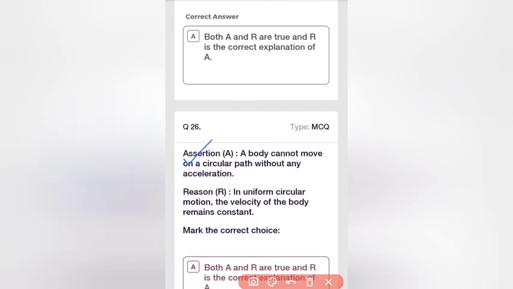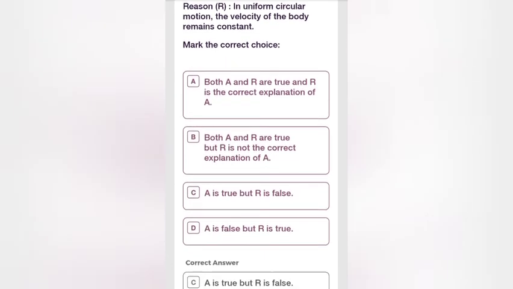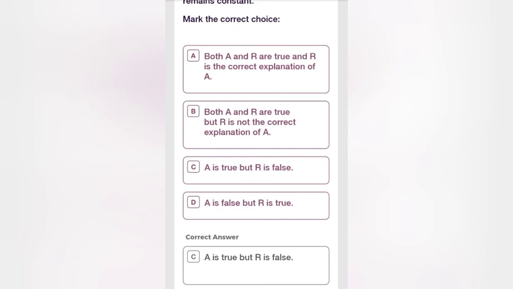In uniform circular motion, the velocity of the body remains constant. Yes, in a uniform circular motion, we cannot say the velocity is remaining constant. Velocity will change. So therefore, assertion is true, reason is false. So option C is the correct answer.